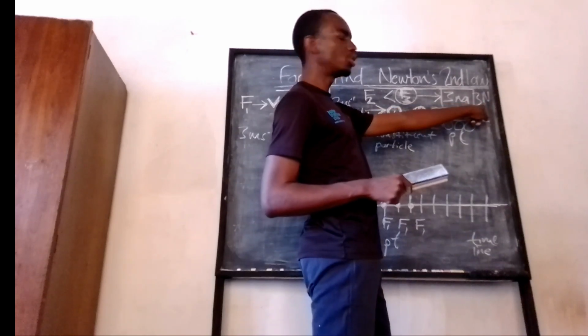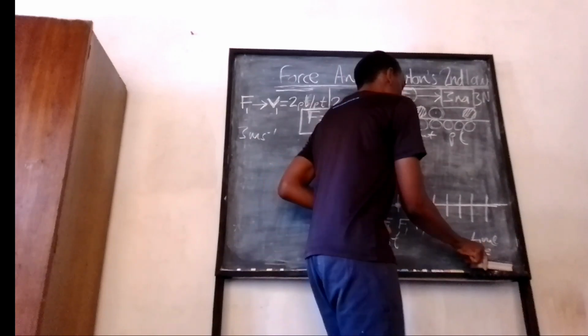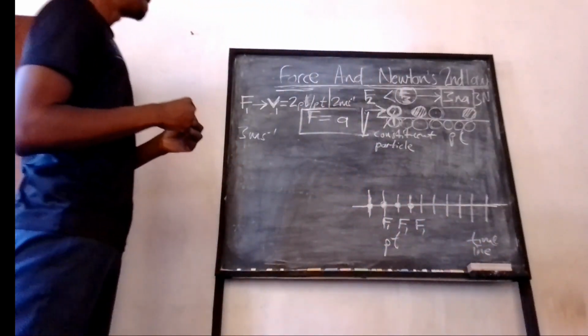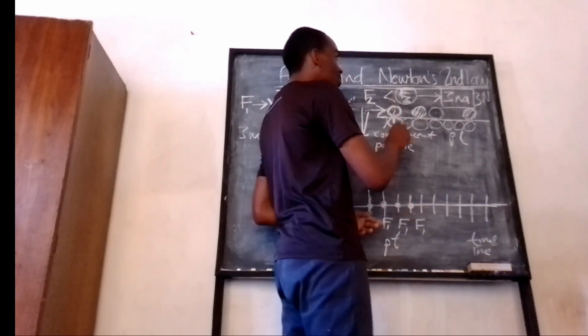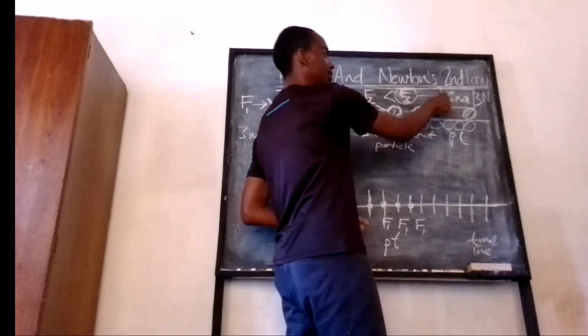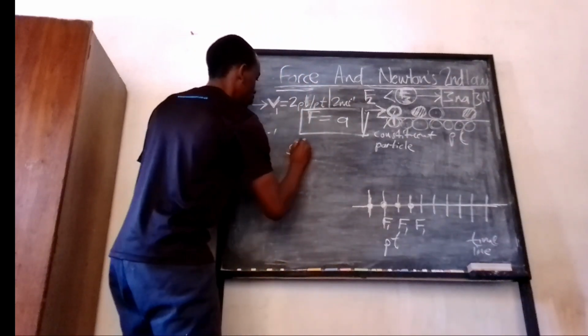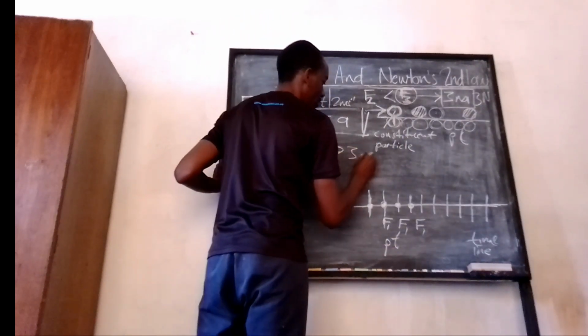I do not want the value of the force to be 3, just like the value of length. I want the value to be, say, 5. I want the value of the force that is responsible for this motion to be 5. So I want 5 newtons to be responsible for a motion of 3 meters.